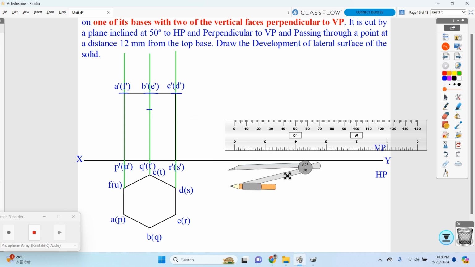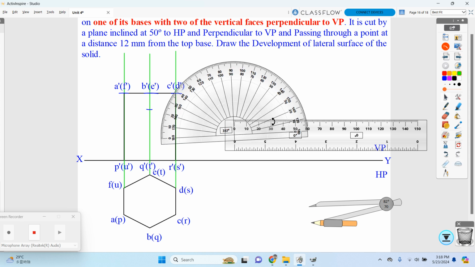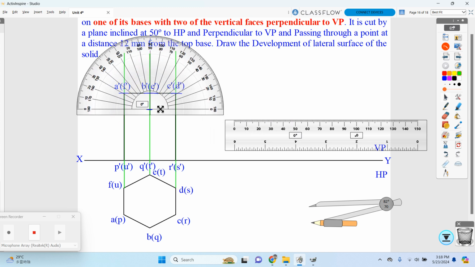So now we have developed the cutting plane condition, and now we are going to mark it with 50 degrees. In your question they have provided that we need to mark 50°. Okay, so this is my 50°. I put a mark over here, 50°.